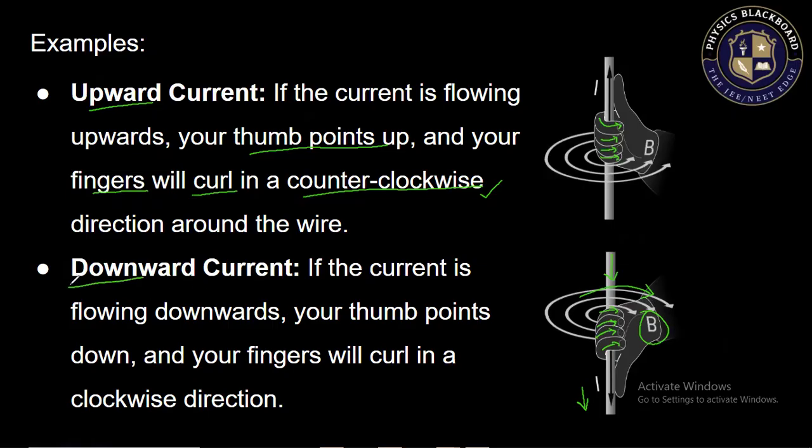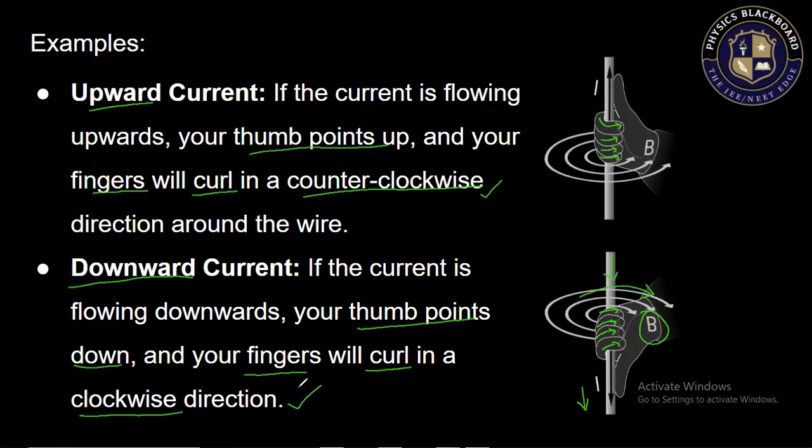So if the current is moving downward, the thumb is pointing down, right? When you hold that linear conductor with right hand, stretching your thumb, the remaining four fingers curled around the conductor are in the clockwise direction, which shows the direction of magnetic field.